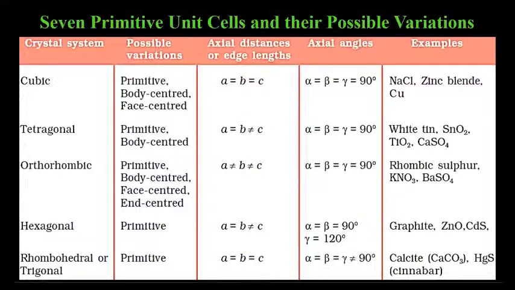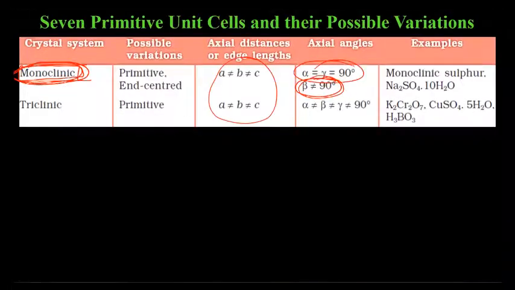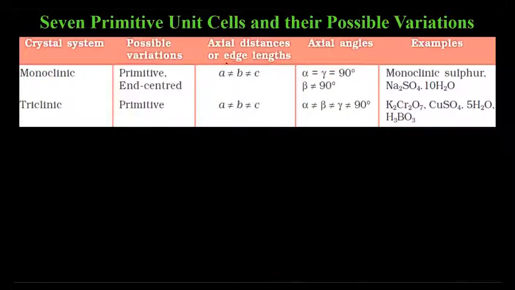It means you have to just write this configuration with examples of graphite, zinc oxide, cadmium sulfide, and here you need to write this configuration with examples: monoclinic sulfur, sodium sulfate.